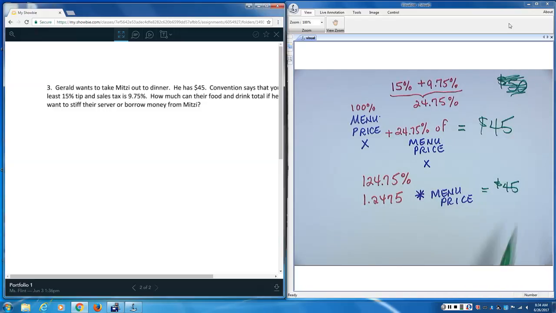And since what we have is the after, and we need the before, we're going to divide. And then that will tell you how much he actually can afford to spend on dinner.